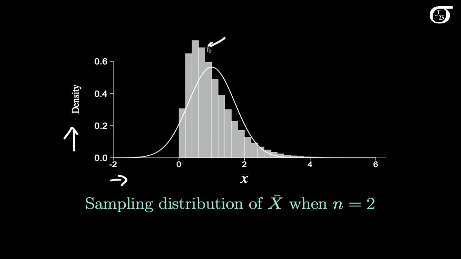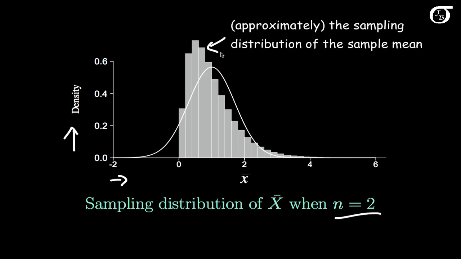The gray histogram here is a histogram of those 1,000,000 sample means where n is equal to 2. And this is going to be approximately the sampling distribution of x bar in this scenario. In this particular spot, we can mathematically work out the exact sampling distribution, but here I've done it through simulation.